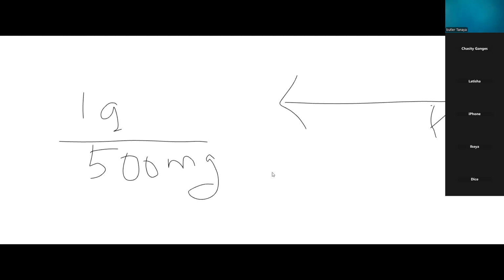Okay, so here we have 1 gram over 500 milligrams. Okay. So here's your scale. Grams, milligrams. These are the main ones we use. Micrograms.